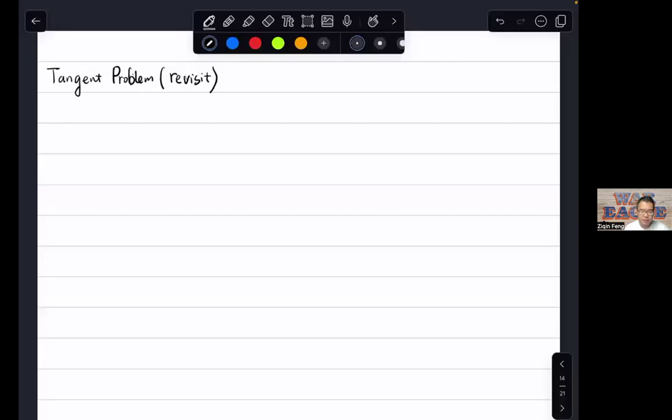In this video, we'll revisit the tangent problem. Let's say we're starting with a function, y equal to f of x. Every function, if you put all the ordered pairs x, y, such that y is f of x, ordered pairs that satisfy the equation, you get a graph in the xy plane.